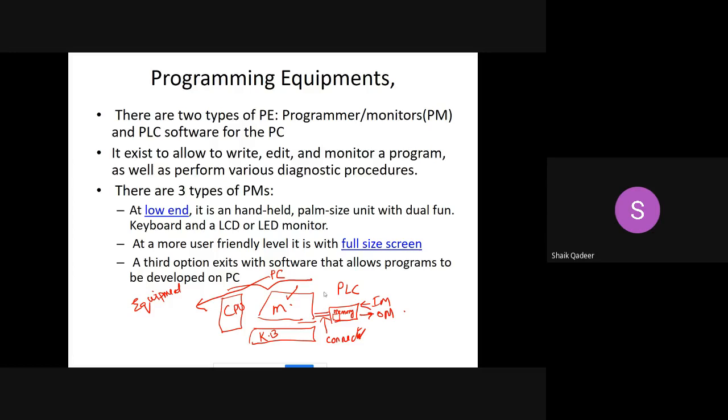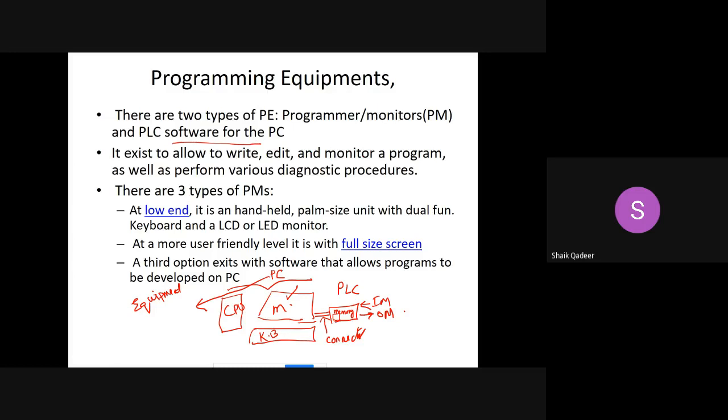In that case, that equipment will be the programming equipment for moving the program into the PLC. Hope it is clear to everybody. Yes, sir. You see, there are two types of programming equipment. One is the handy type, and the other is a personal computer equipped with software.